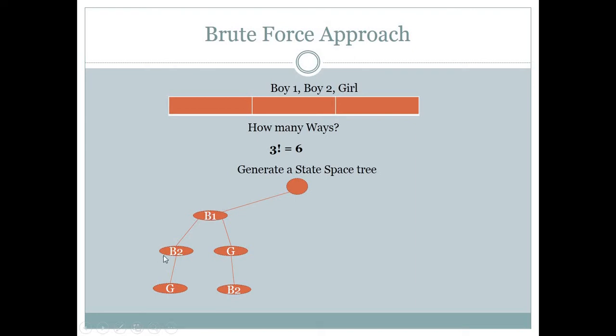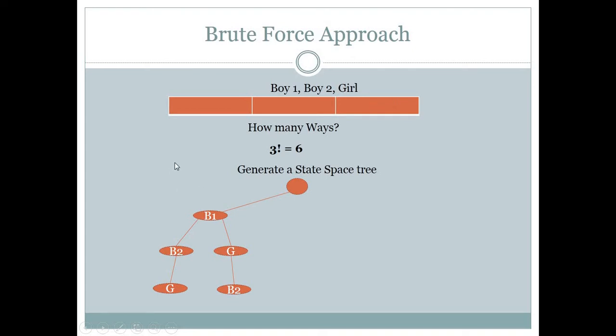If on the second seat boy 2 sits, then on the last seat our girl can sit. As well as if on the first place boy 1 is available and on the second place, in the middle, the girl is available, then at the last place boy 2 can sit. So these are the 2 ways by which we can arrange these 3 persons onto these available seats.